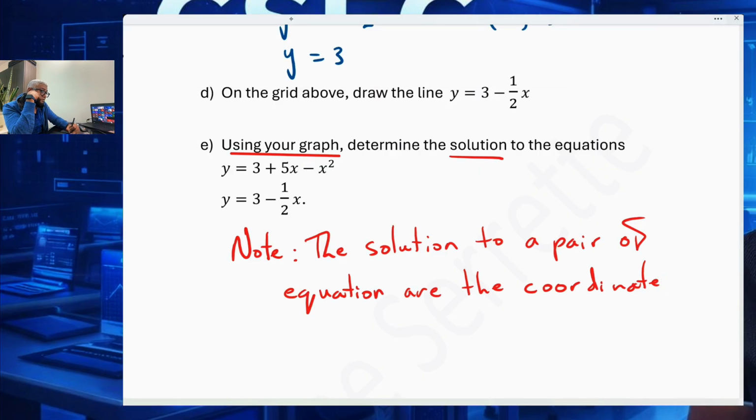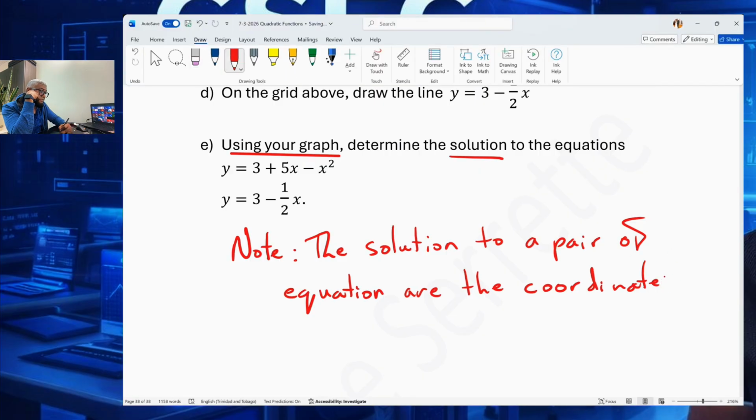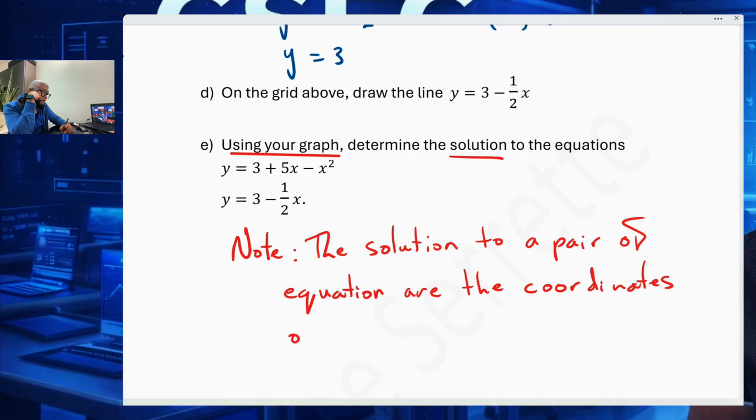It could be 1 point or it could be 2 points, the point or points of intersection.